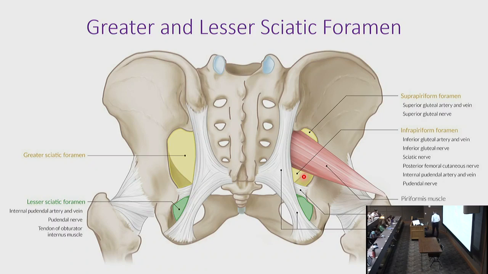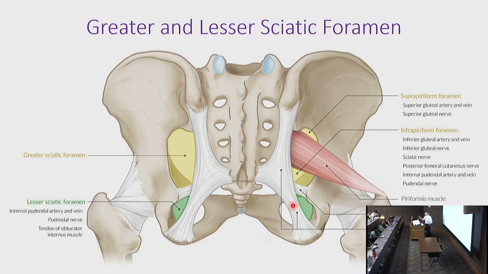Now, I want to take a brief moment to talk about the pathway of the pudendal nerve, because it's kind of unique, and we'll touch on it again in a little bit as well. But the pudendal nerve is going to exit, leaving the pelvis through the greater sciatic foramen below the piriformis muscle. So once it has exited the pelvis, it is then going to wrap around posterior, right, because this is the posterior side, posterior to the sacrospinous ligament, and it's going to enter our lesser sciatic foramen.